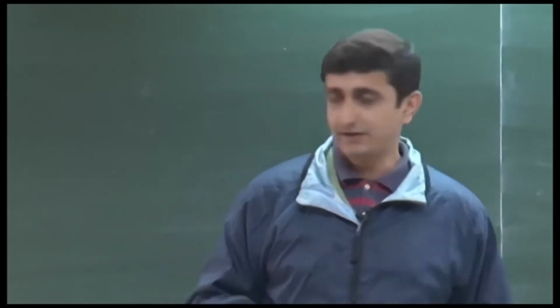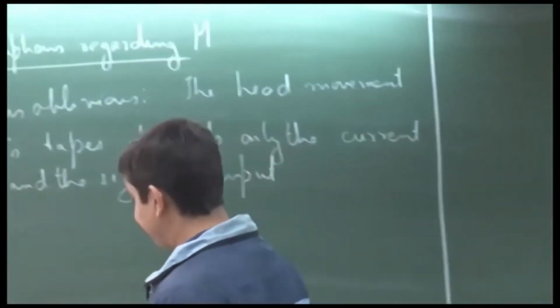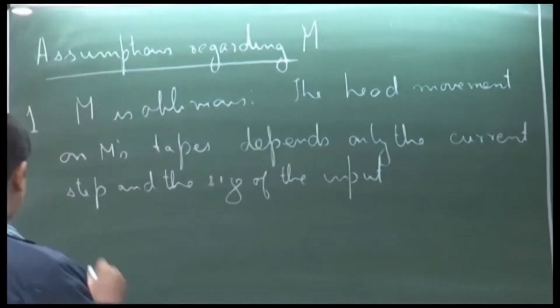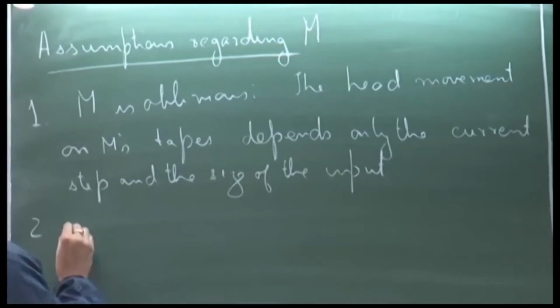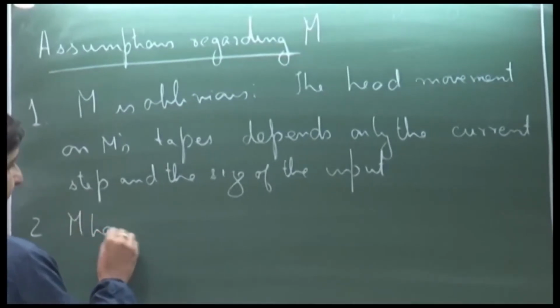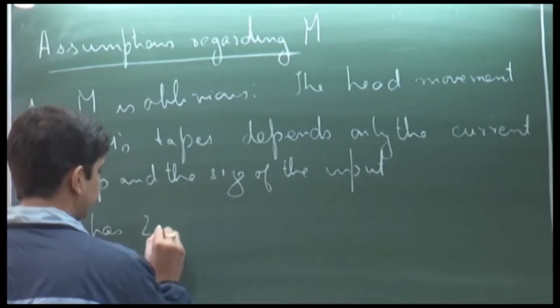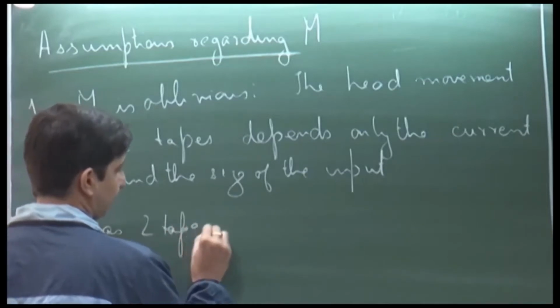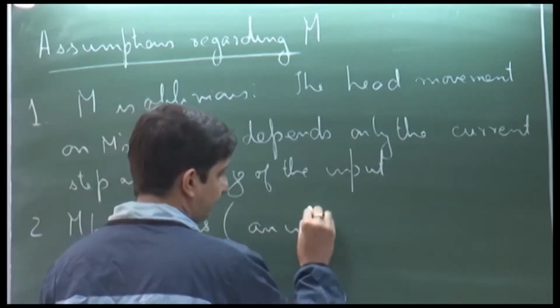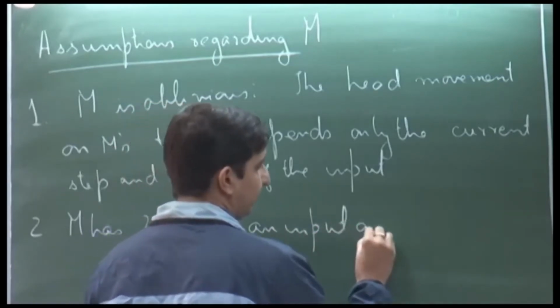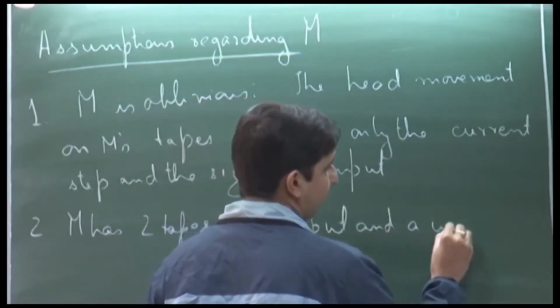That is what it means to say that M is oblivious. And the second assumption is that M has two tapes, an input and a work tape.